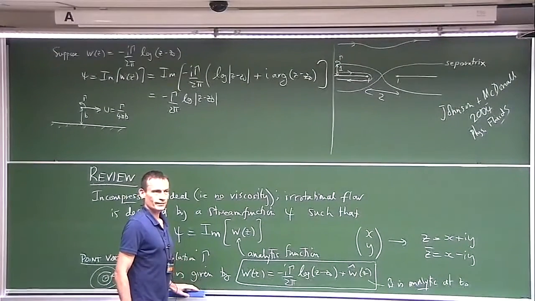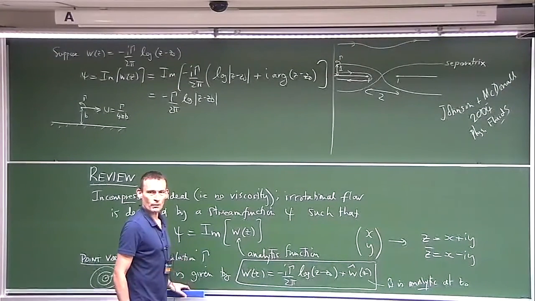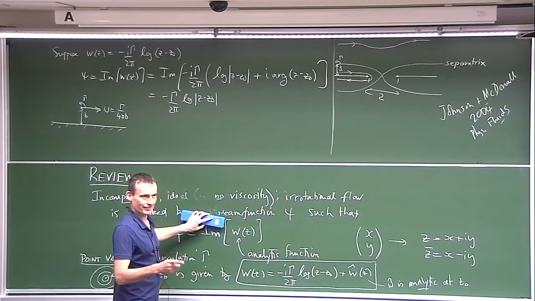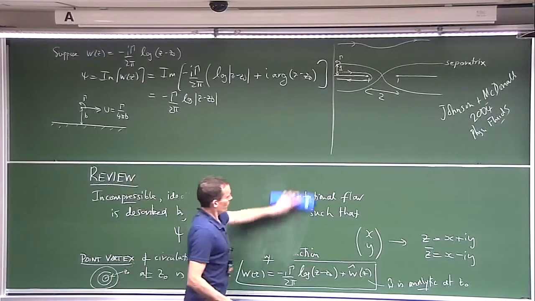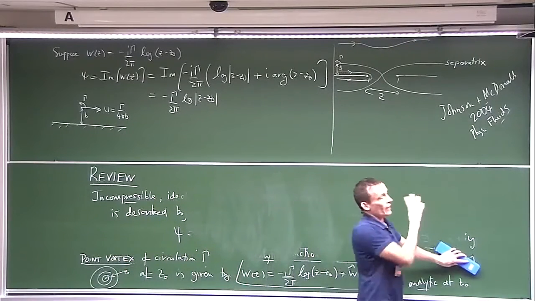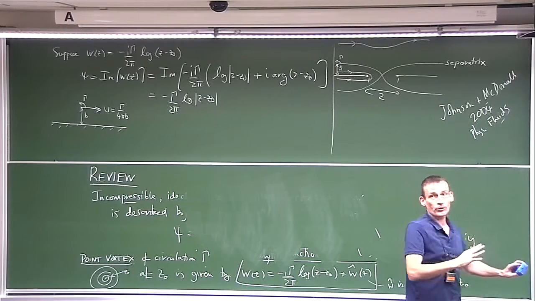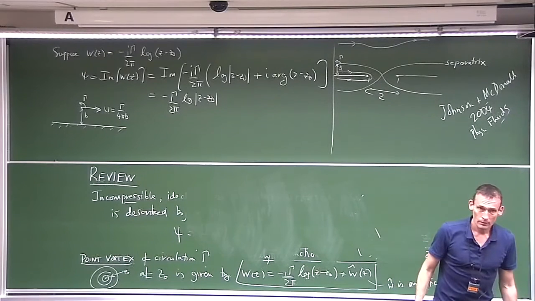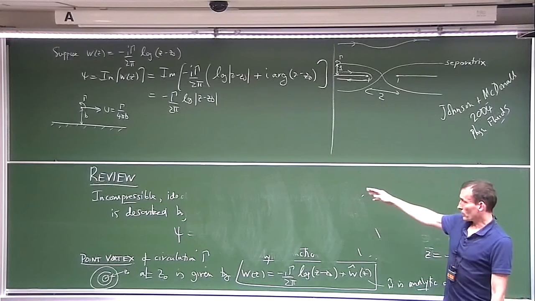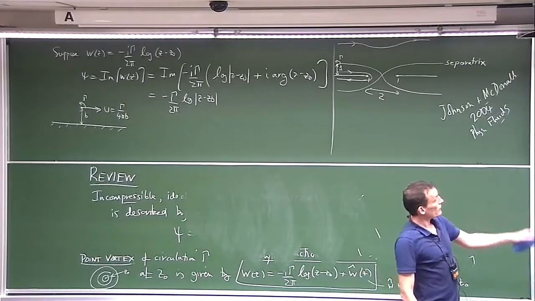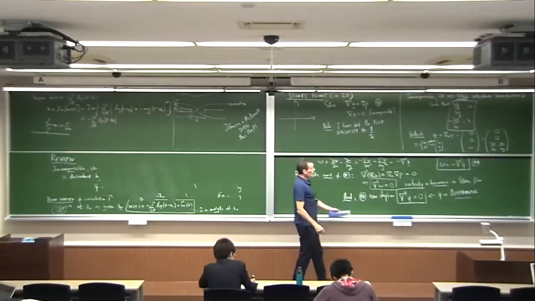Everybody see? Any questions? You okay? So, as with ideal flow with no viscosity, which you can think of as infinite Reynolds number, we have a stream function and a complex potential, of which the imaginary part is the stream function, if it's irrotational. And then here we have a biharmonic stream function.